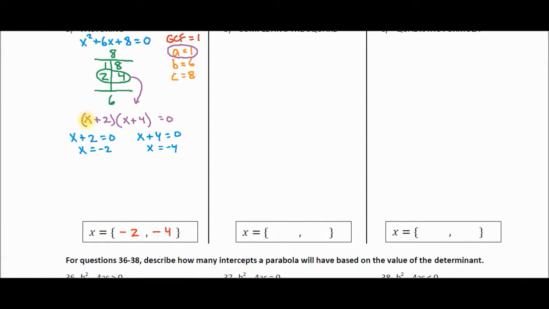Now, if you want to make sure that this is correct, it's very easy to do. Go ahead and take these two values and plug them into your equation and verify that it's going to make it equal to 0. So you're going to put negative 2 into here and check and see what it equals.